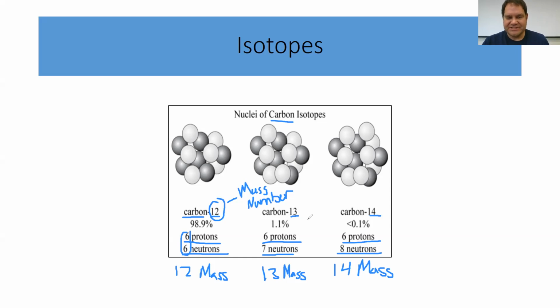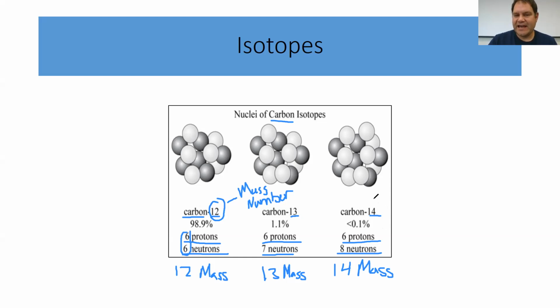Now, these percentages that you see here represent the abundance, or how common these particular isotopes of carbon are in nature. So we can say that about 98.9% of all carbon atoms are carbon 12. 1.1% of all carbon atoms are carbon 13, and less than 0.1% of carbon atoms are carbon 14.